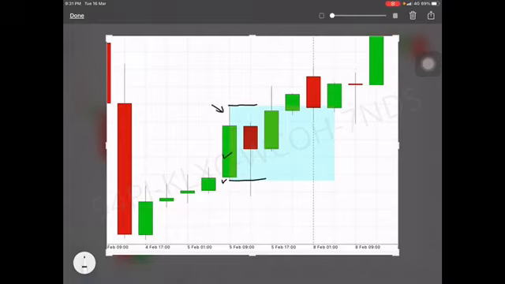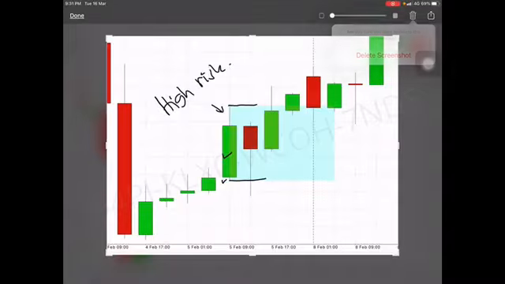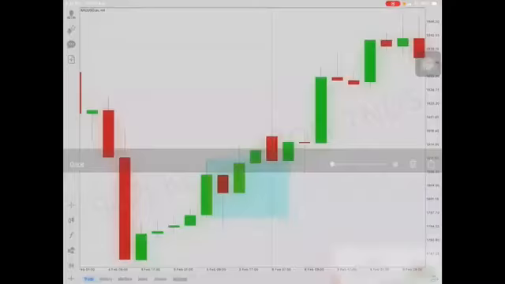So that's why this is called high risk. High risk means that zone is most likely to be broken. It's not a strong zone. Do you have any questions on this one? No question. Okay, I'm going to show you some more high risk ones.